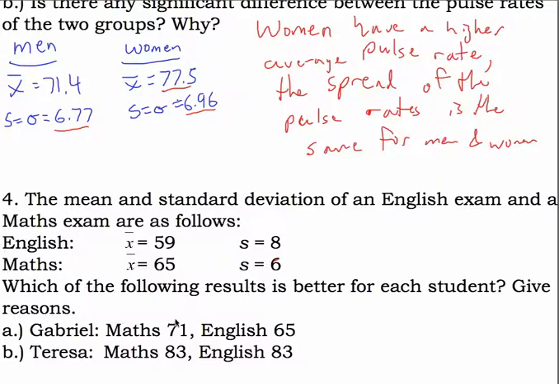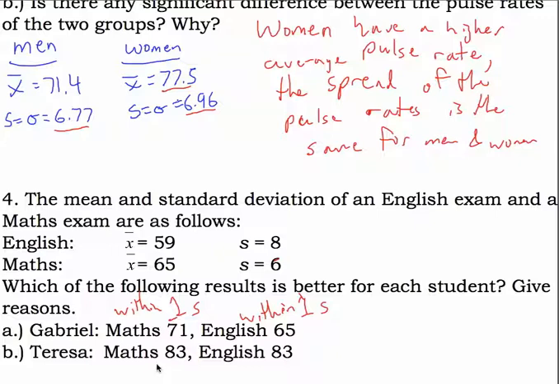Alright, so now this person, Gabriel, on the math test scored a 71. So you can say this is within one standard deviation. And the English score is also within one standard deviation. So that's an okay result, within one standard deviation.